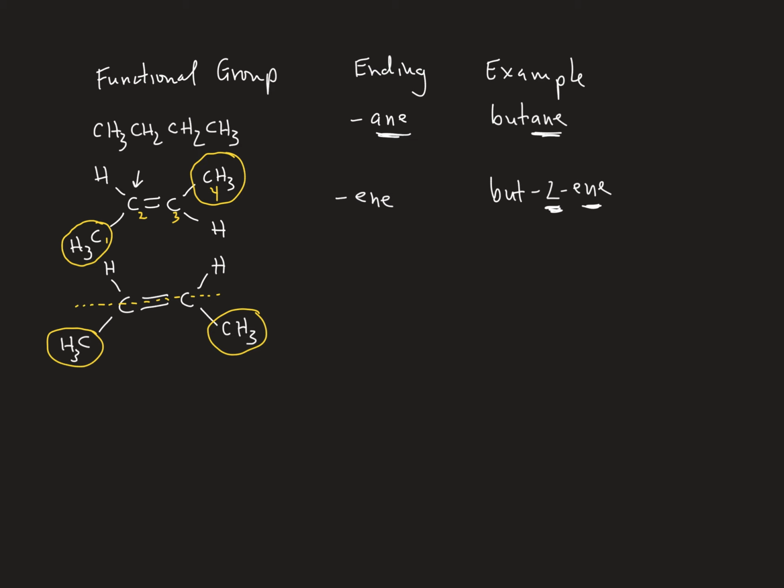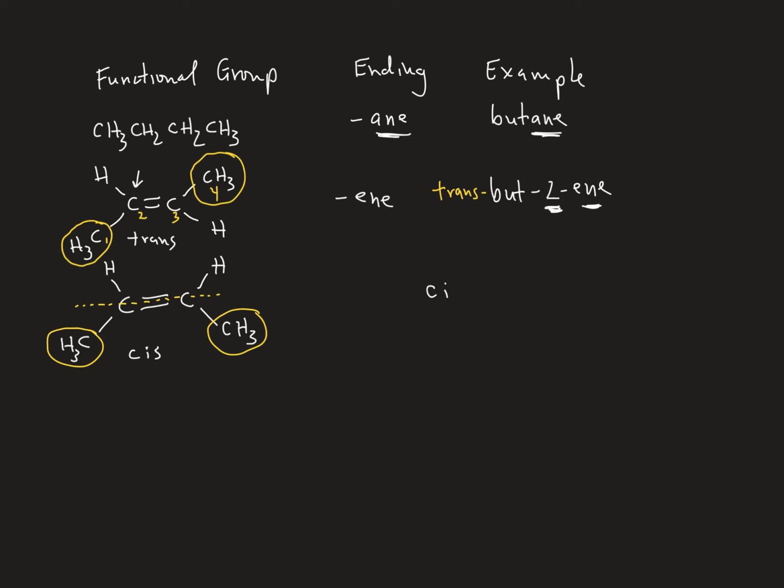So the one extra thing we can add to that name would be trans-butene, because we have both of those methyl groups on opposite sides of the carbon-carbon double bond. And then down here, so here is trans relationship, here would be a cis relationship.